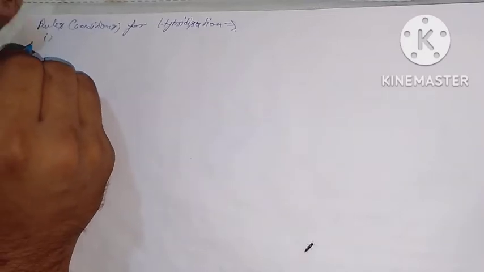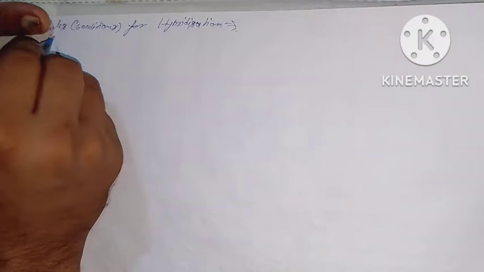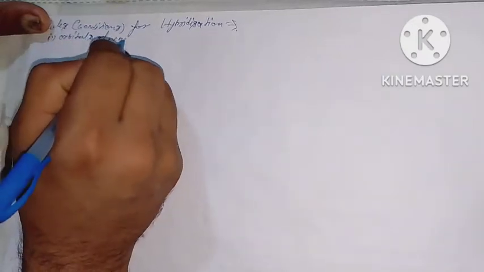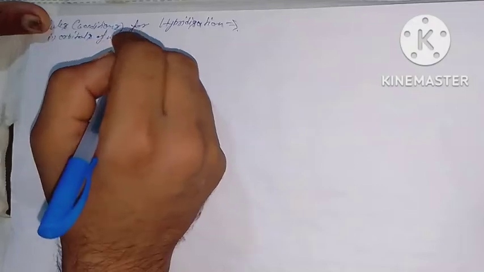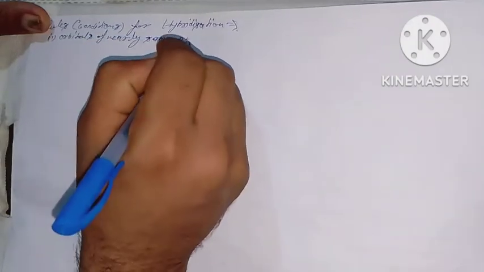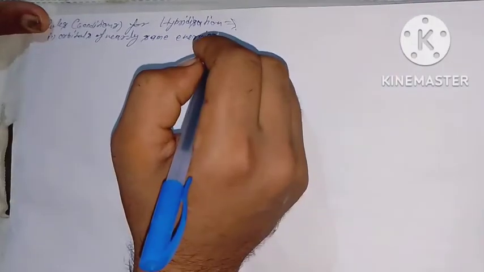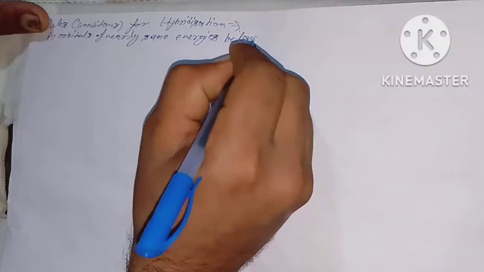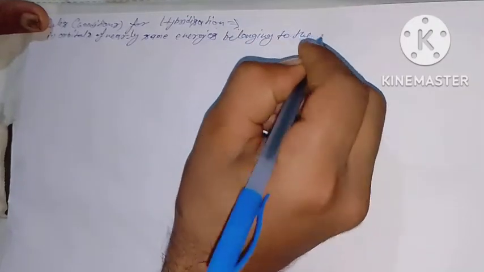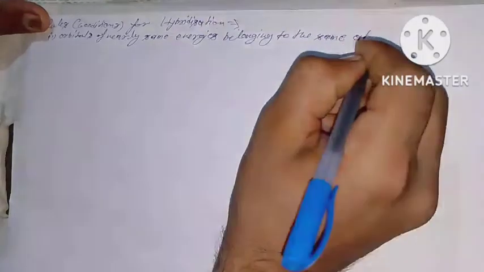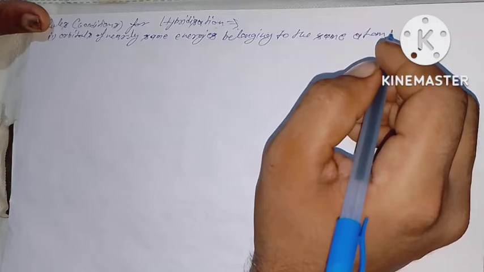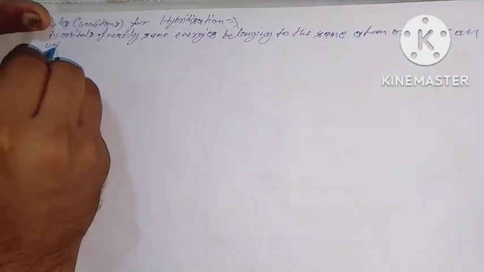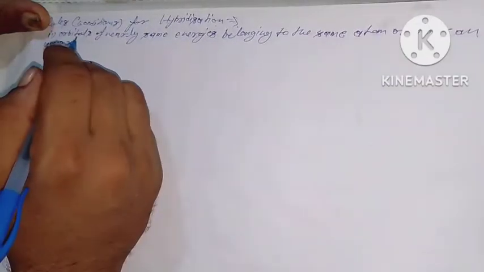First point. Orbitals of nearly the same energies belonging to the same atom or ion can undergo hybridization.